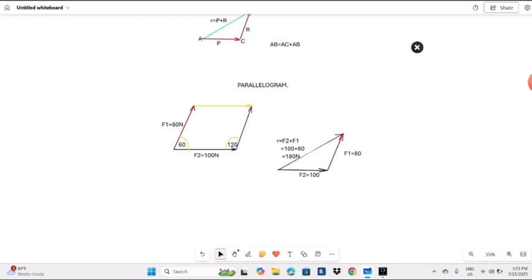We're going to use the same method that we've used to find the resultant of a triangle. The resultant of a parallelogram is equal to force 1 plus force 2, which is 100 plus 80, which gives us 180 newtons. That's how we find our resultant of a parallelogram.